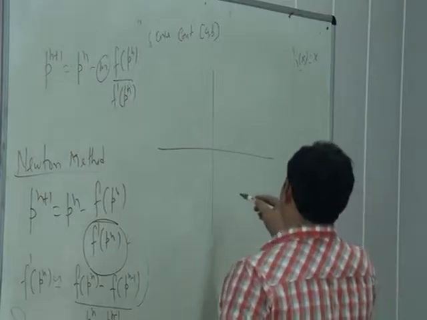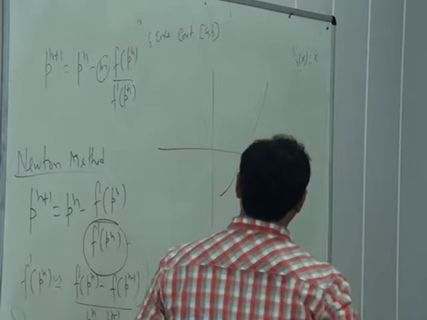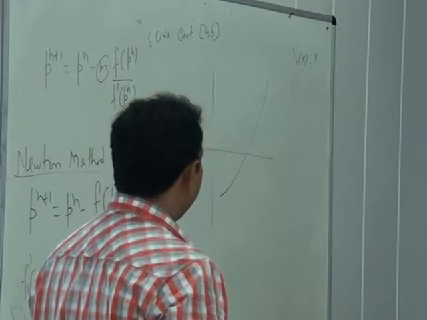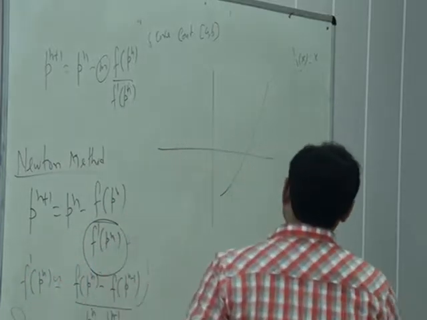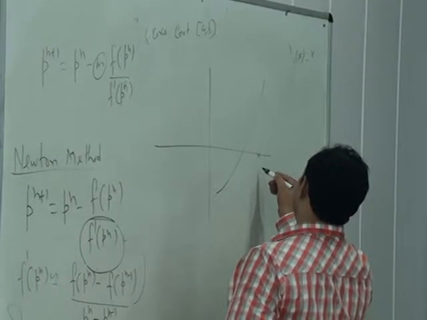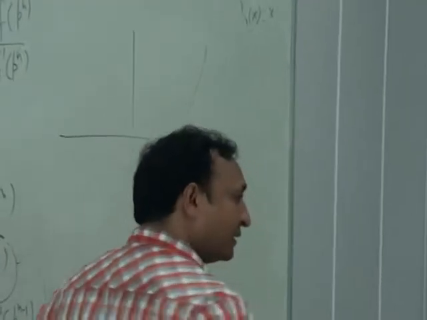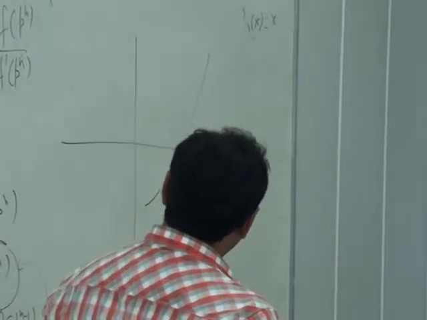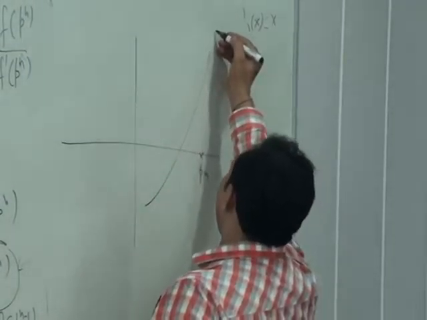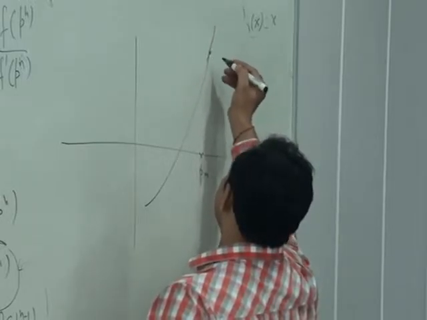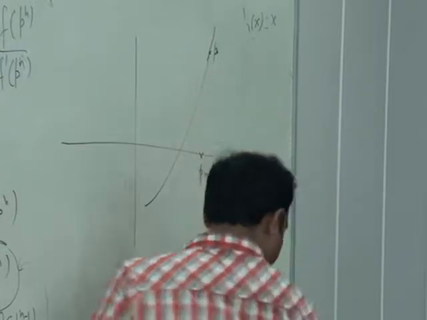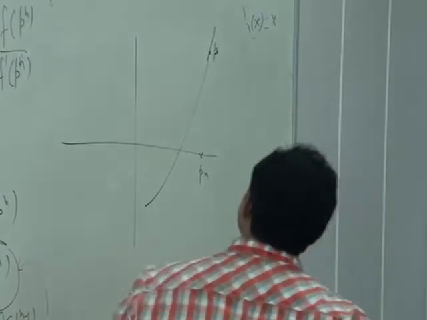Suppose you have, okay, let us start with some Pn, whatever you say. This is my Pn. Accordingly, I have here whatever the point is, Pn, and Fpn.